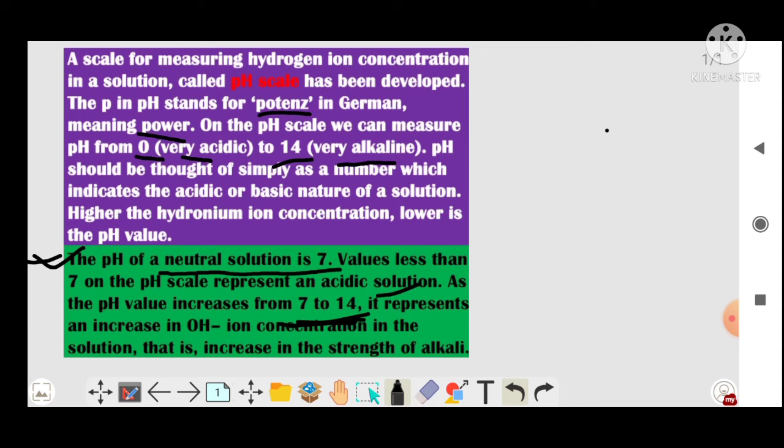Less than 7 is acidic, and 7 to 14 means an increase in OH- ion concentration, that is, an increase in the strength of the alkali.